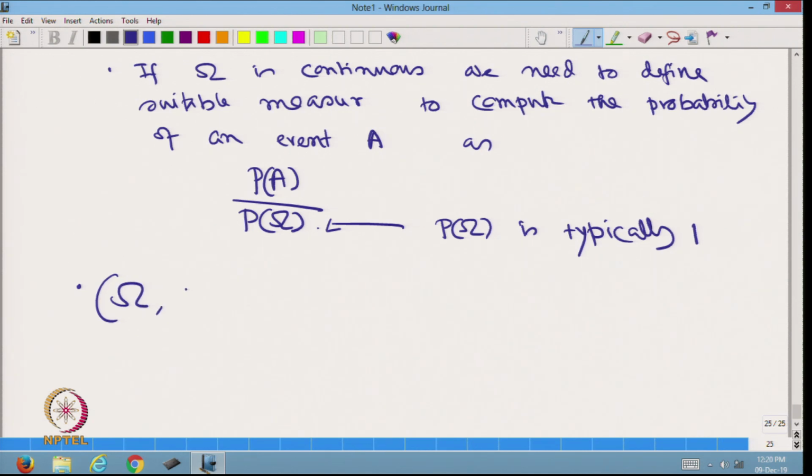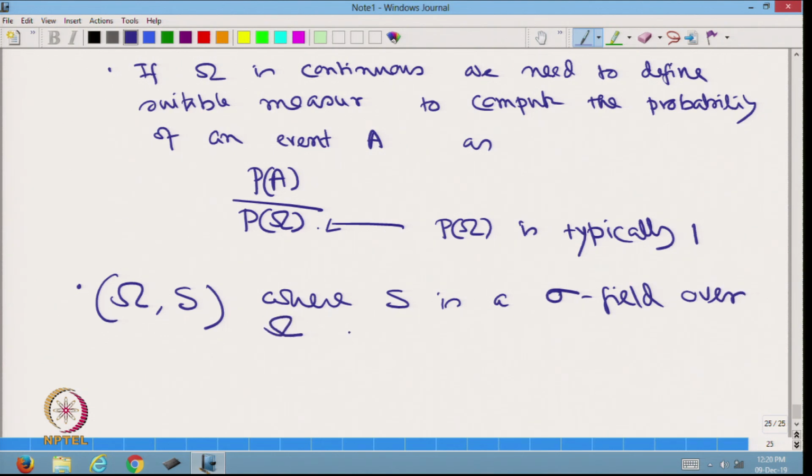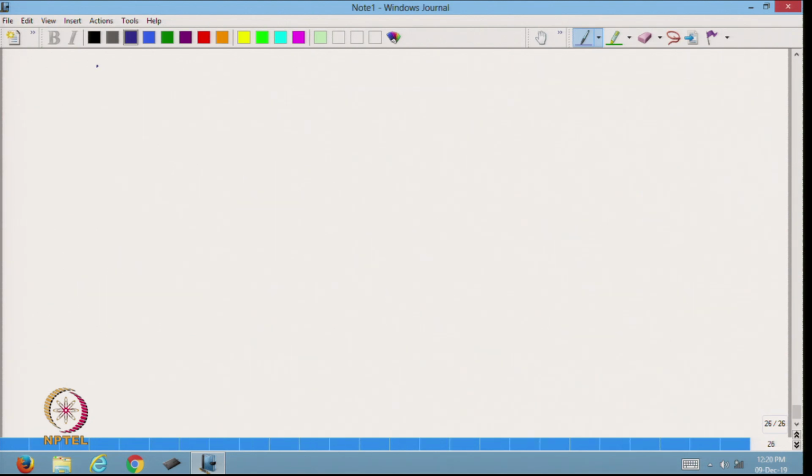Omega S, where S is a sigma field over omega, is called a sample space. The triplet omega S P is called a probability space.